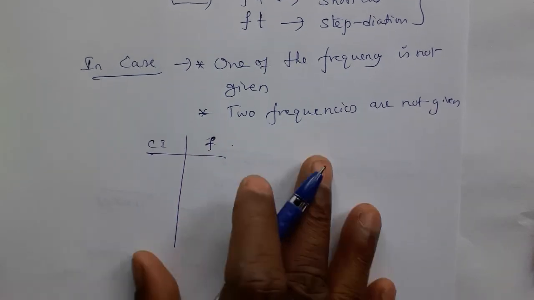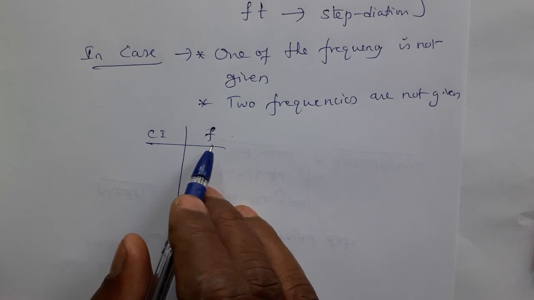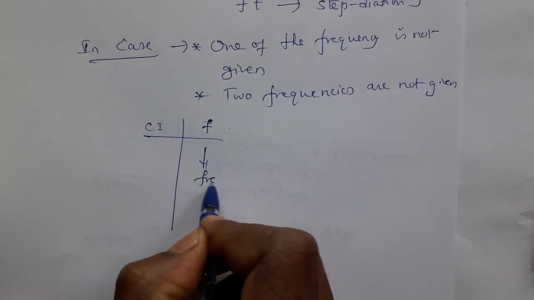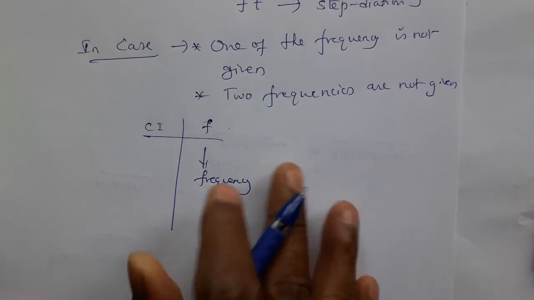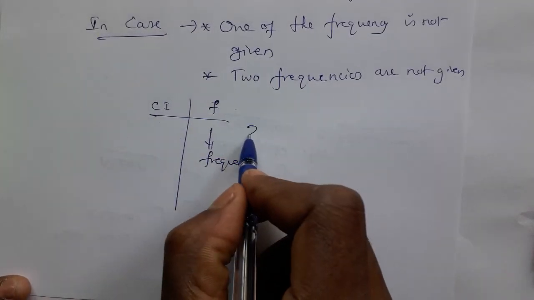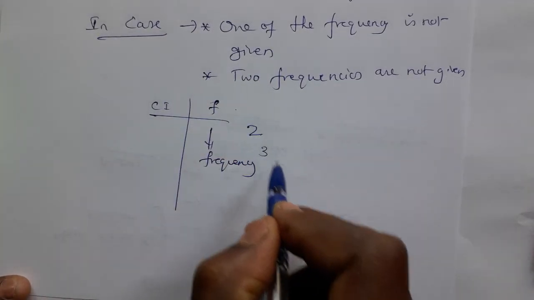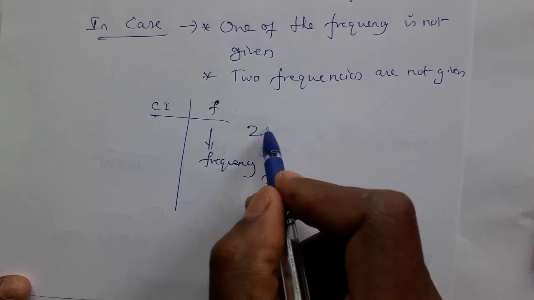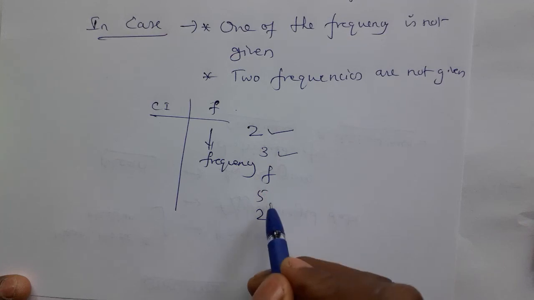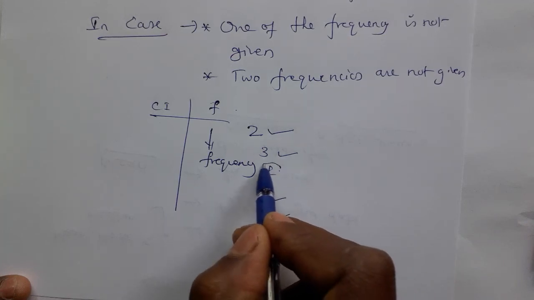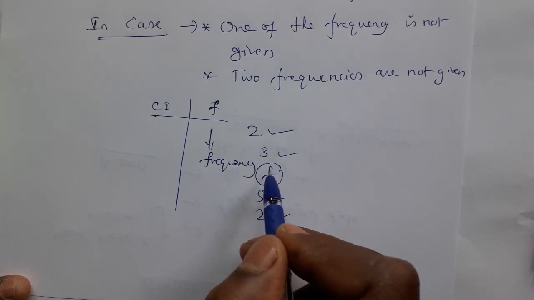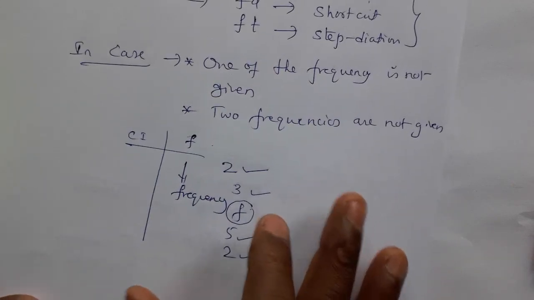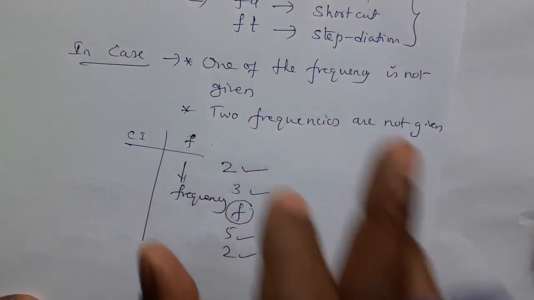Now Ci and F are both given, but under the frequency, something is unknown. Suppose the frequencies are given as 2, 3, F, 5, 2. The frequency 2 is there, 3 is there, 5 is there, 2 is there, but in place of the third frequency it is in the form of F only. So these kinds of problems are called one of the frequencies not given.